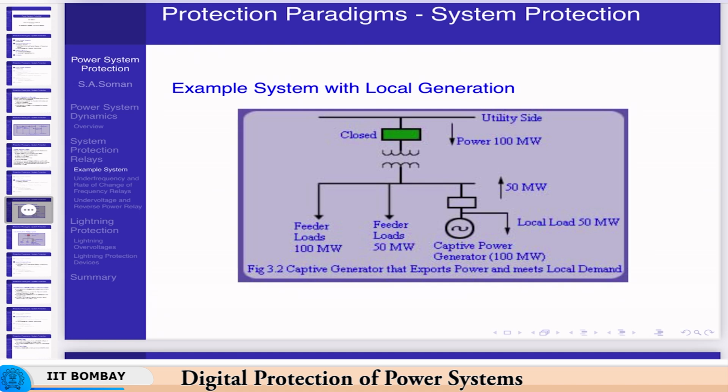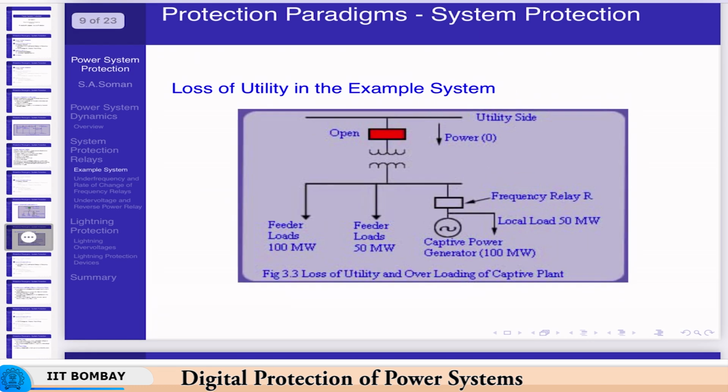Now imagine that there is some fault on the utility side, and due to which this breaker also opens. You can see that this breaker has opened. So the 100 megawatts which was flowing in from the utility side is suddenly not available.